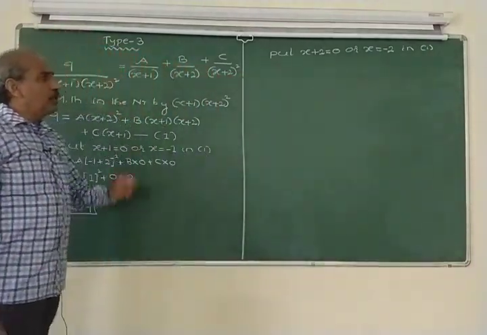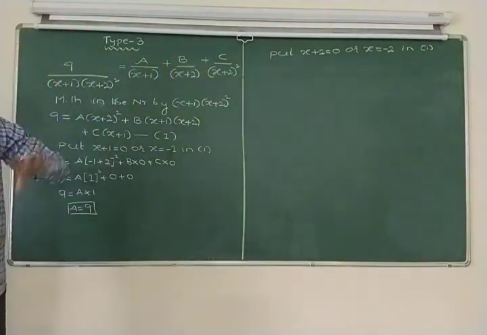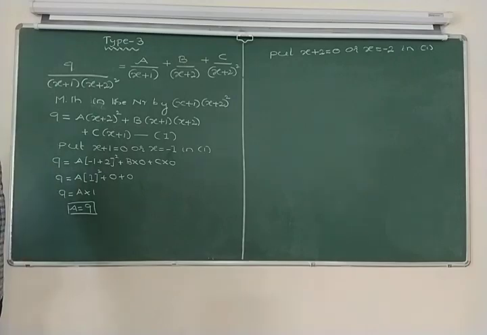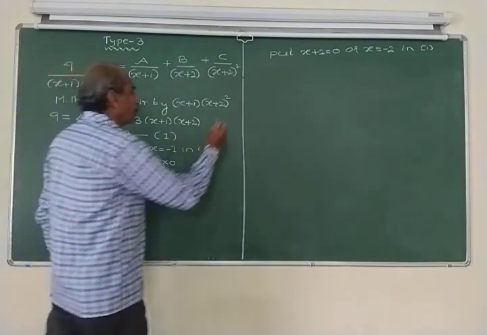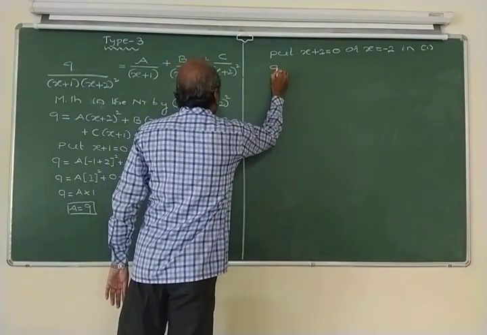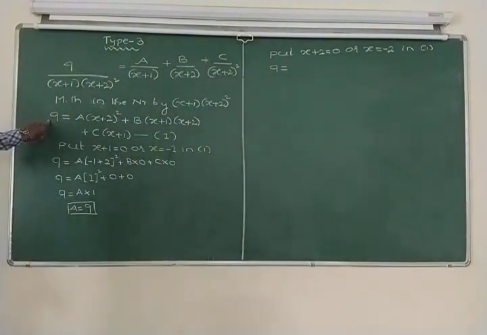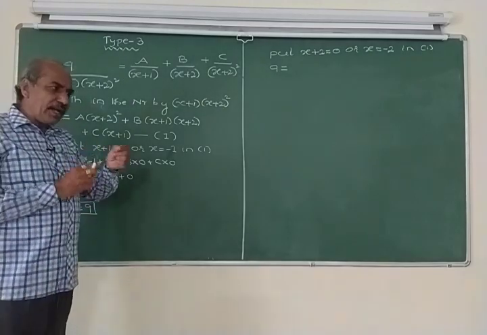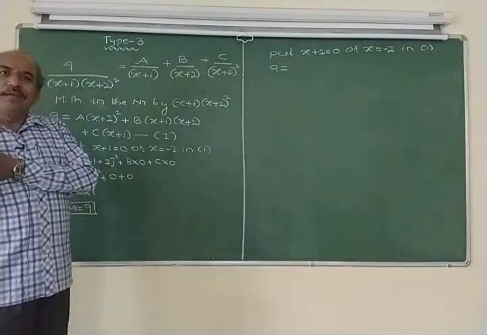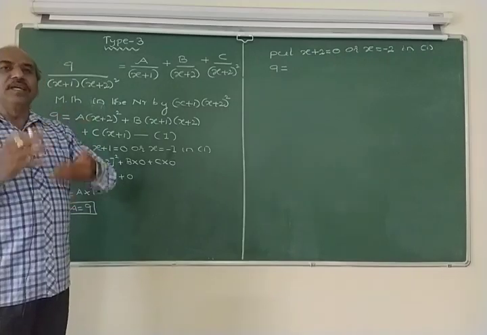Now, in equation 1 you observe, left hand side you do not have any x term at all, therefore it is 9. Now, wherever you find x plus 2 on the right hand side, you replace it by 0.